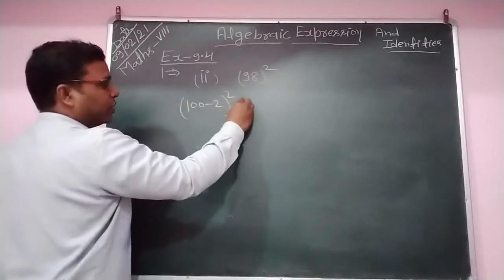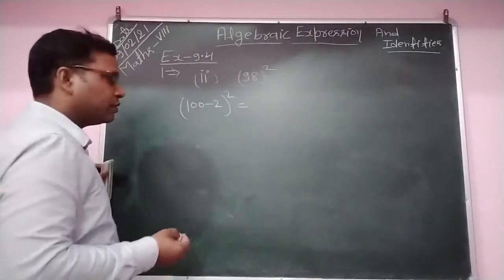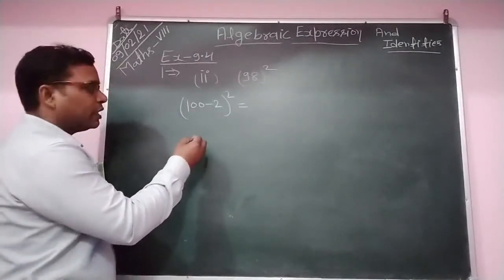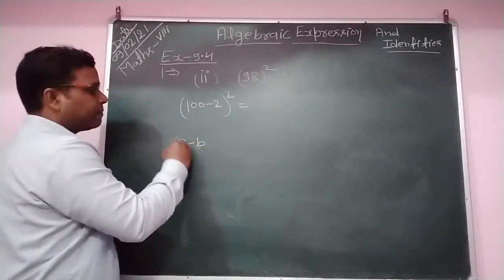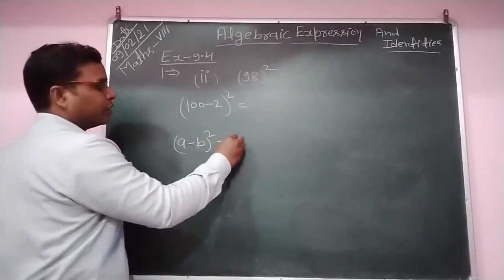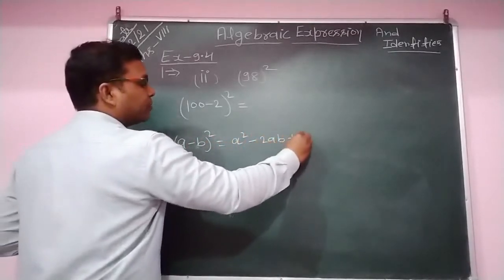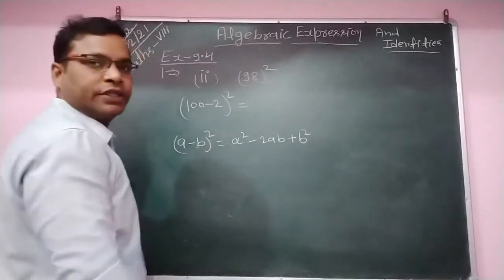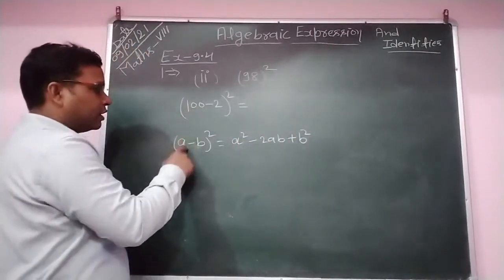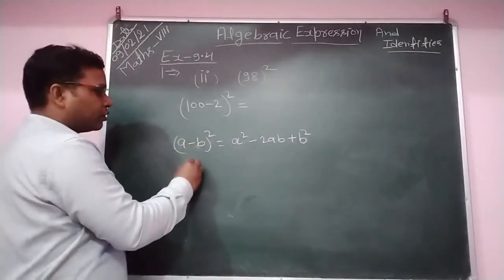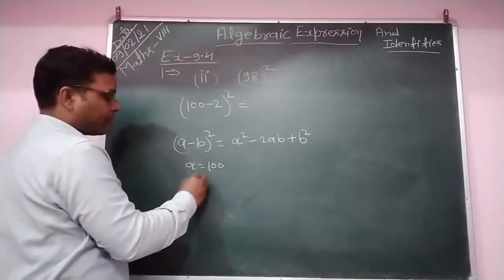This is clear now. You know very well the second identity. What is the second identity? Whole square of a minus b is equal to a square minus 2ab plus b square. After this we compare, and we get a is equal to 100 and b is equal to 2.